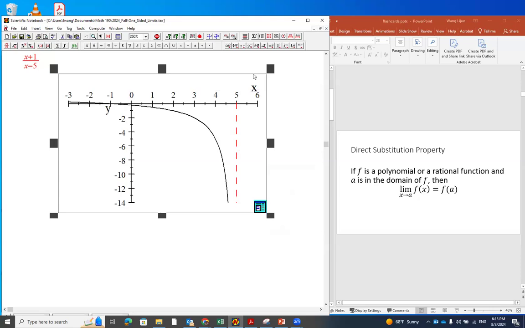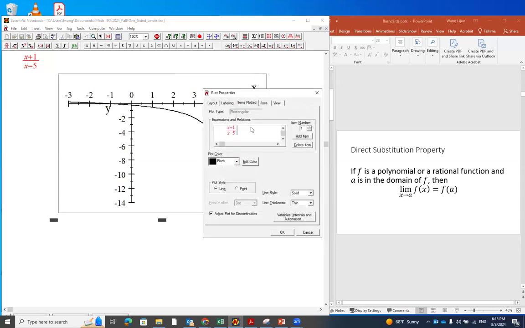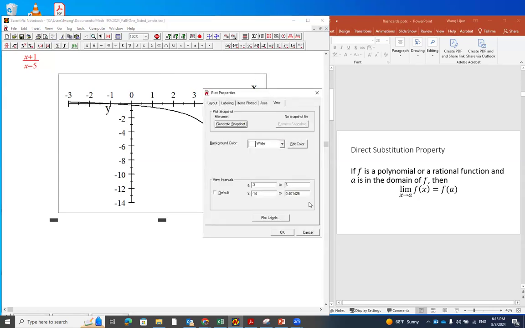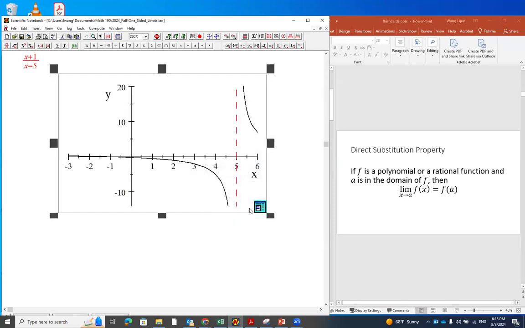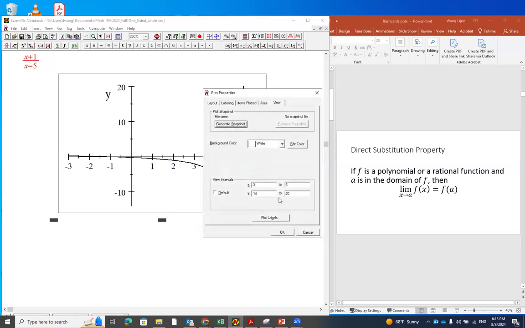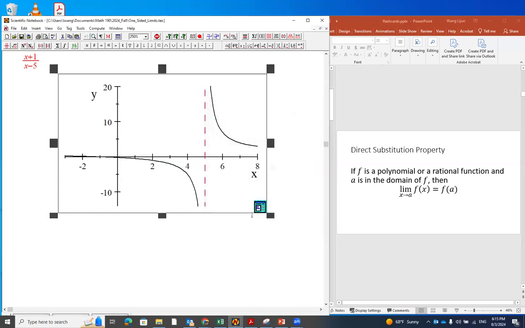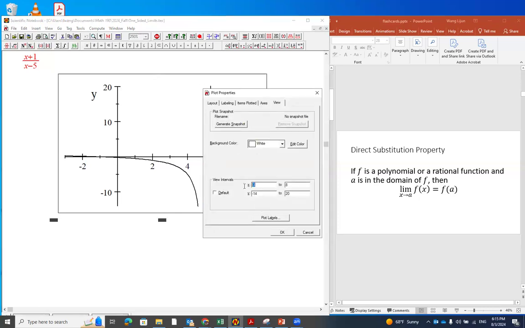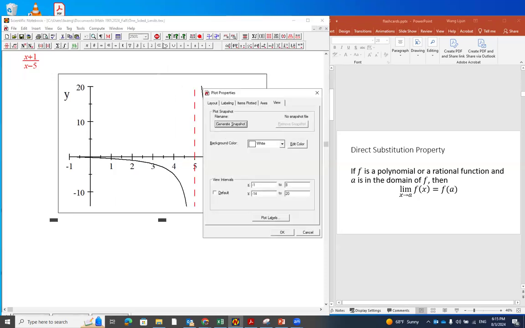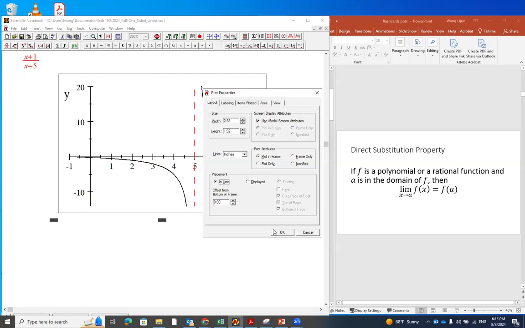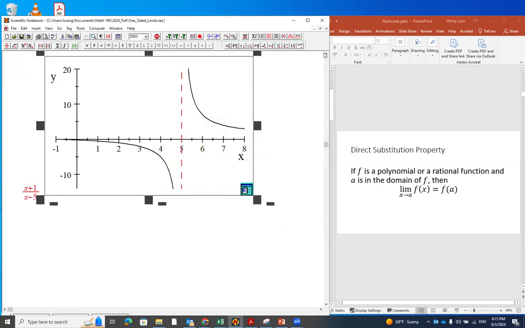All right, and let's see more of the graph. I'm going to put 20 there, so there's another piece. We're going to make it just a little bit more. On this side we can make it -1. I just want to adjust the picture so we can see better, especially in the neighborhood of 5.